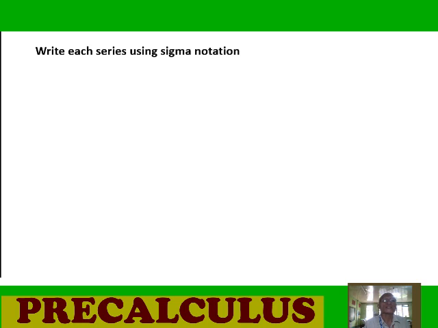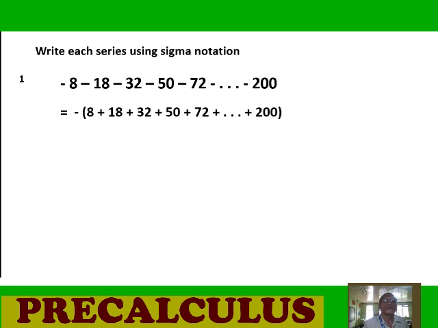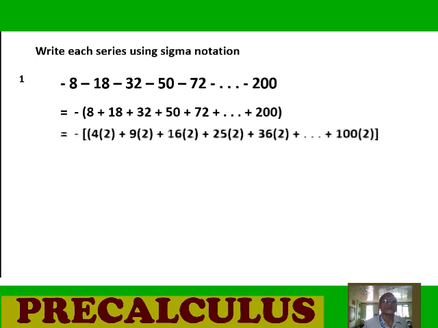Okay, write its series using sigma notation. Okay, we have our series, all are negative. So we can remove the negative outside the parentheses, and examining its terms in the series, we can factor out 8 as 4 times 2, 18 as 9 times 2, 32 as 16 times 2, up to 200, which is 100 times 2.